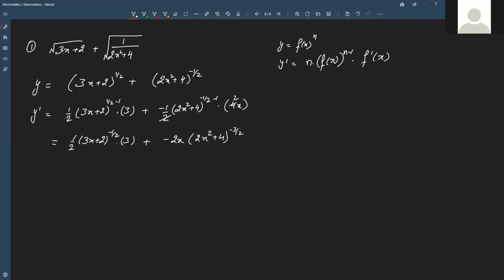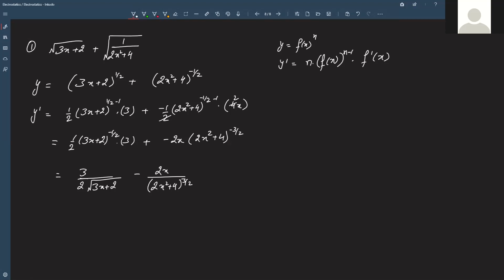Correct? So this can be simplified and written as 3 by 2, 3x plus 2 to the power minus half is nothing but root of 3x plus 2 in the denominator, then minus 2x in the numerator divided by 2x square plus 4 to the power 3 by 2. Right? So this was a very simple problem. Let's move to the next one.